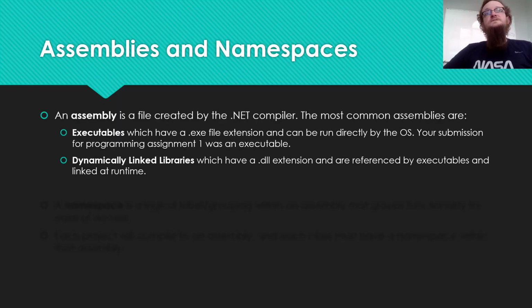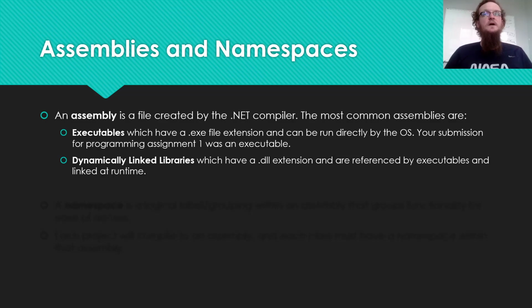So we spoke just a minute ago about assemblies. Assembly is a word that gets thrown around a lot in .NET and elsewhere. Basically, you can think of an assembly as a file that is created by the compiler. Any file that's created by the compiler, you can basically just label as an assembly. And these things come in two different flavors. The first flavor is an executable.